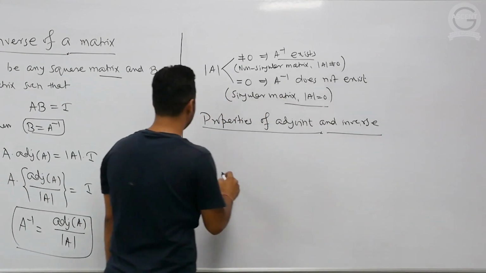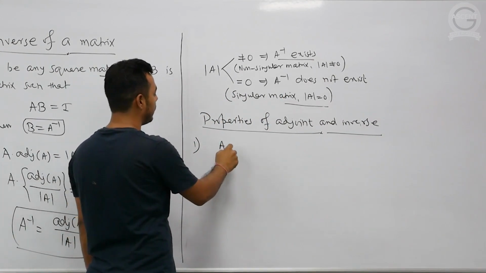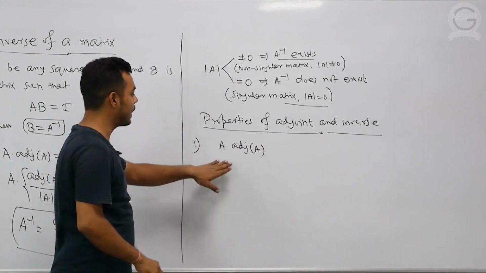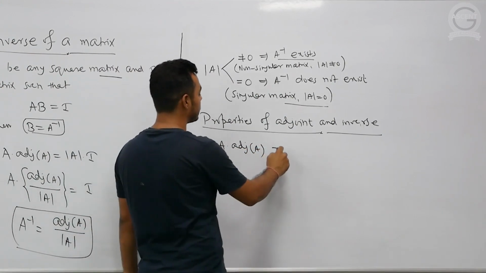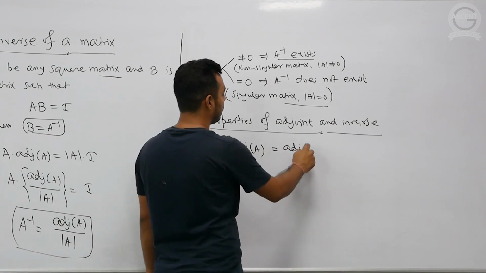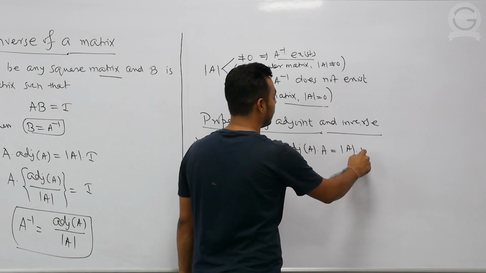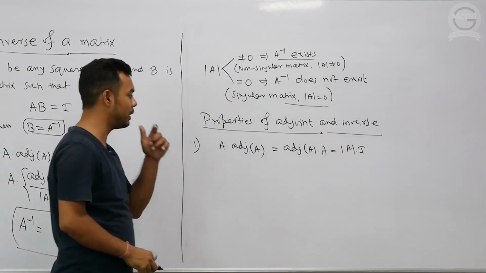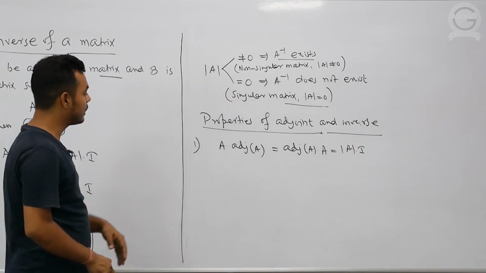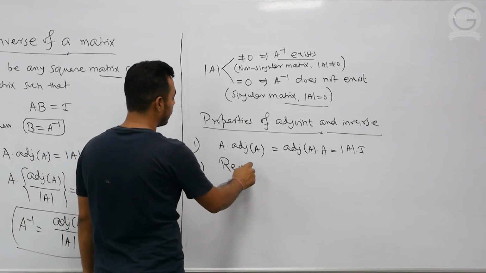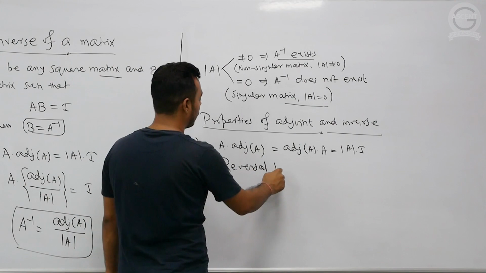Our first property, which we have already discussed earlier but is a very important property, I'm writing again: A into adjoint of A will be adjoint of A into A, and this is nothing but matrix A into the identity matrix. So this was the first property which we discussed earlier. Now the second property, and this is very, very important, is the reversal law for inverse.